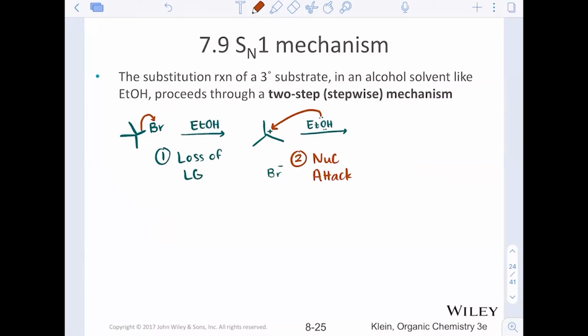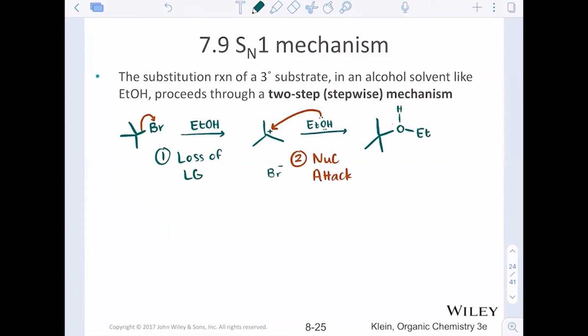So ethanol is a more reactive base than Br minus. It's kind of a weird thing to think about since we usually attribute that minus charge with reactivity. In this case, look to the pKa's and look to understanding those differences. Br minus is much more suited to hold a negative charge than oxygen. And in this case, oxygen here, even though it's not negatively charged, is a much stronger base.